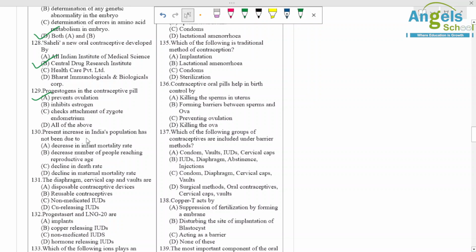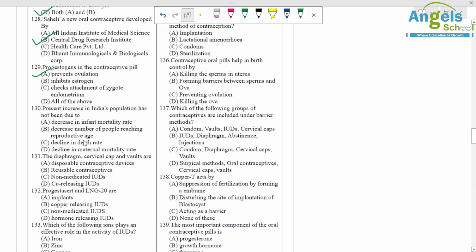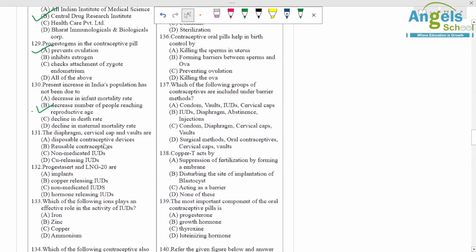Question number 130. The present increase in India's population has not been due to a decrease in the number of people reaching reproductive age. So the correct option is B. Diaphragm, cervical caps and vaults are reusable contraceptives in females.